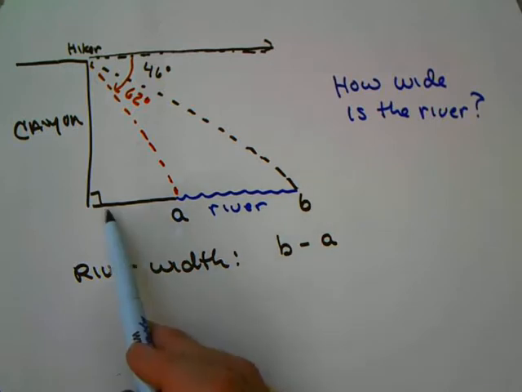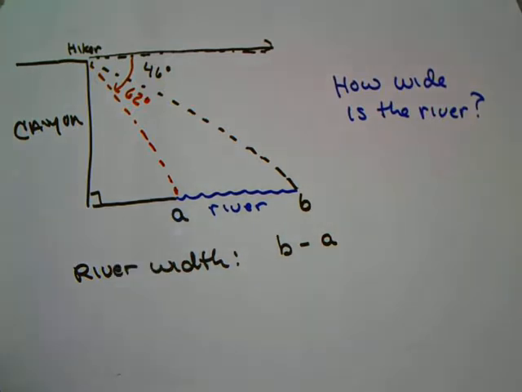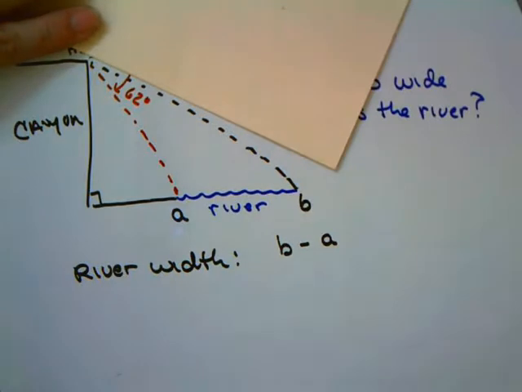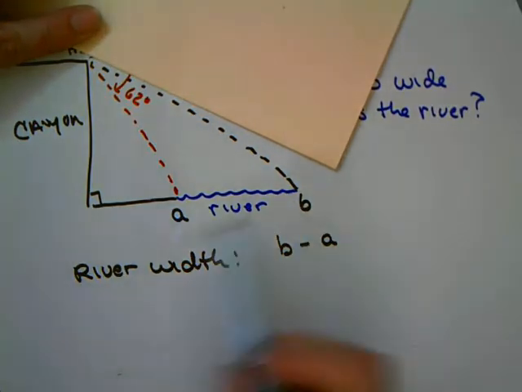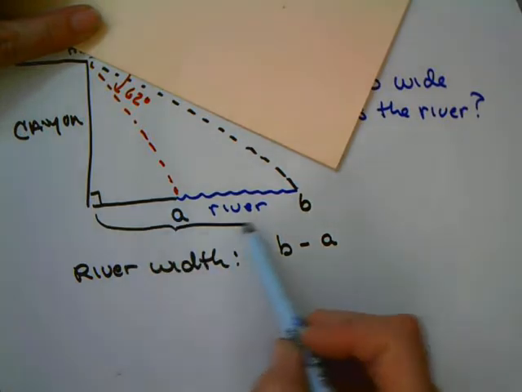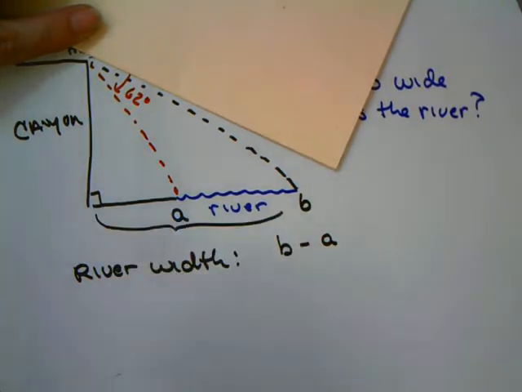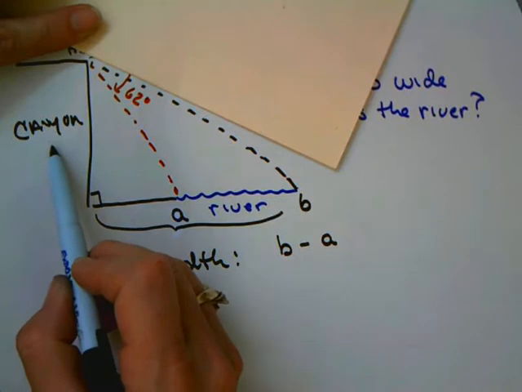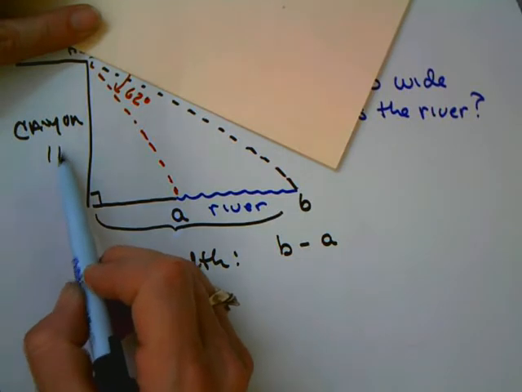Well, let's look at this triangle right here. And this would be a leg, and this would be a leg. Oh, and also I know that the canyon is 110 feet high.